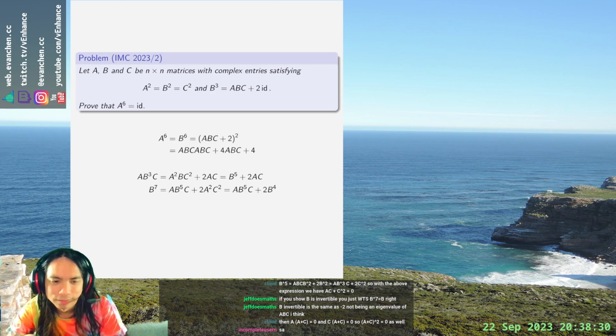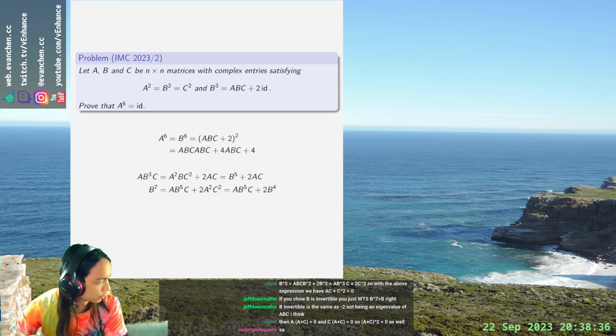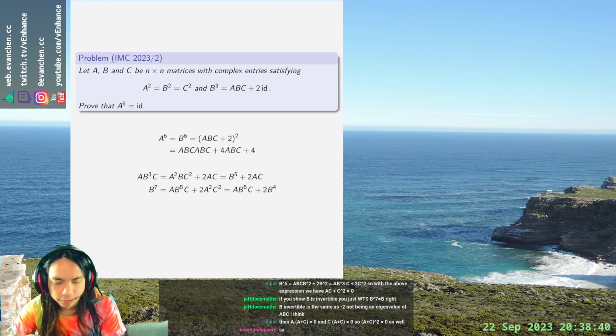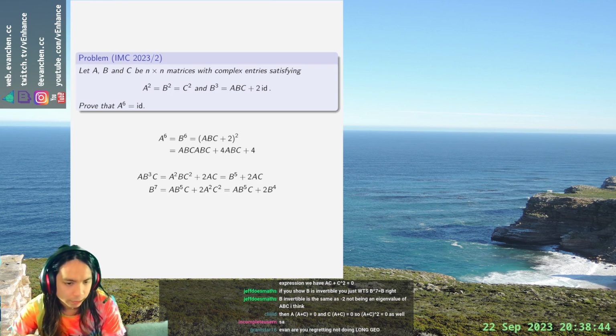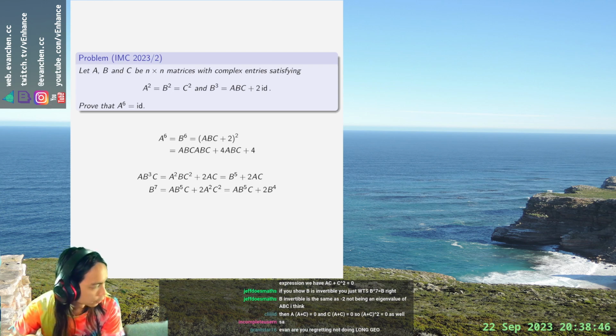Okay, so the claim is that b to the fifth is equal to abc b squared plus 2b squared. You move the b squared into c's and then c's into b's. So it's like a b cubed c plus 2c squared.